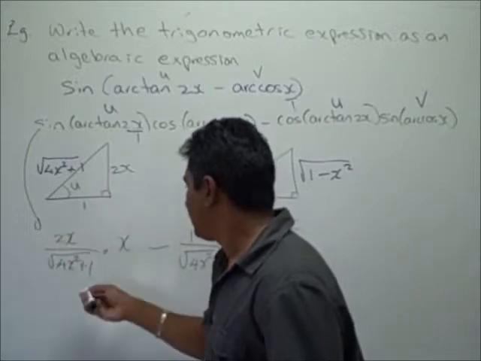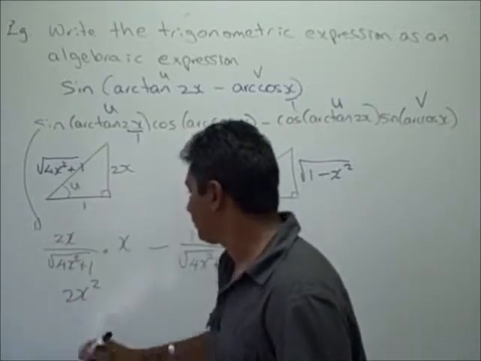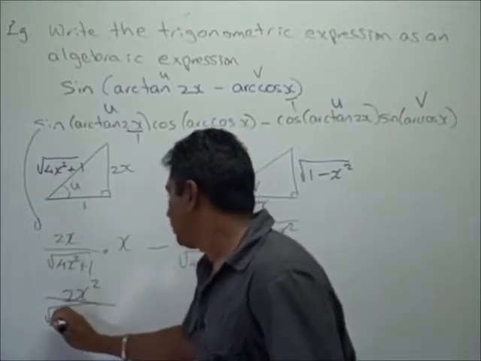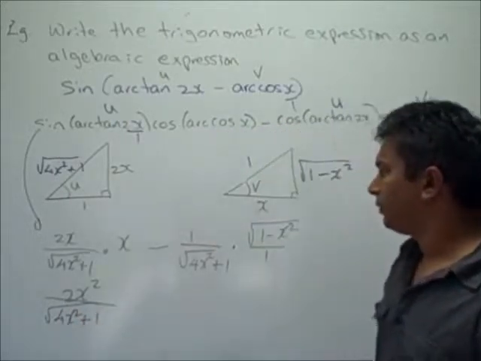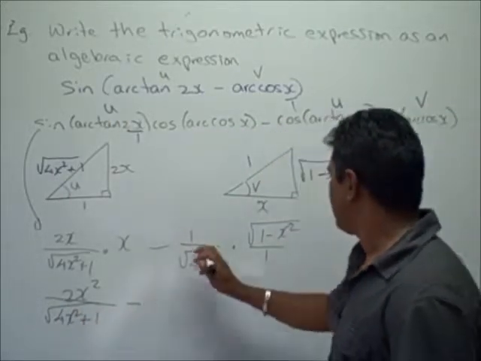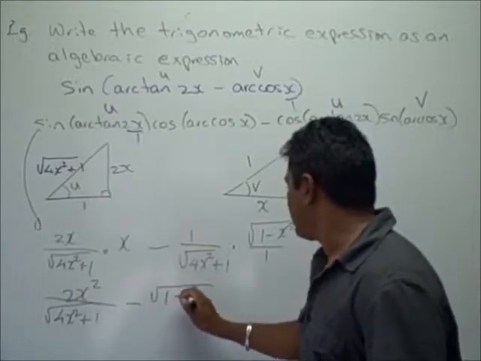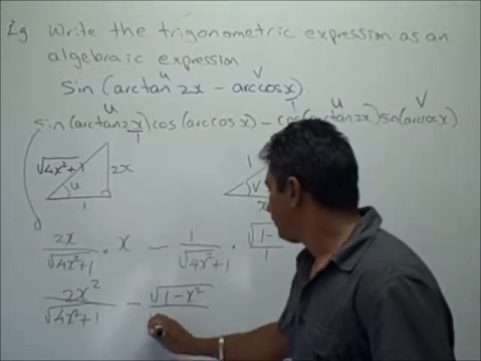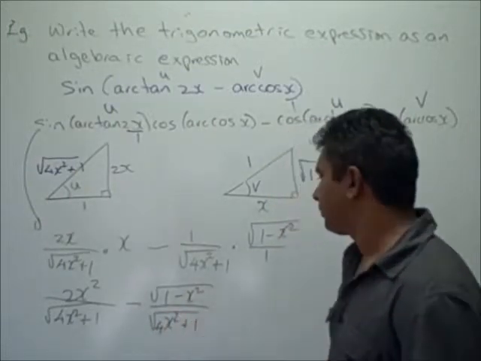We can simplify this. 2x times x would give us 2x to the second power, and this is all over the square root of 4x squared plus 1, minus 1 times this, which will be the square root of 1 minus x squared, all over the square root of 4x squared plus 1.